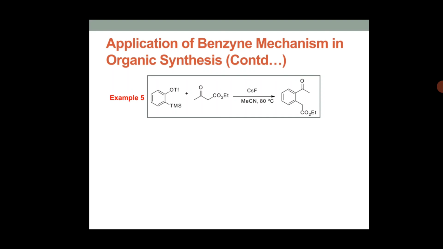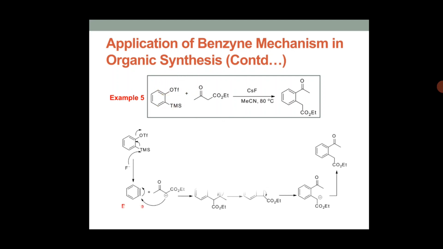Now in this starting material we have a TMS group. This TMS group can be easily removed by fluoride treatment, and once this TMS group is removed, we get a carbanion here. This carbanion will lead to the formation of the benzyne intermediate, because this OTf group is a good leaving group.